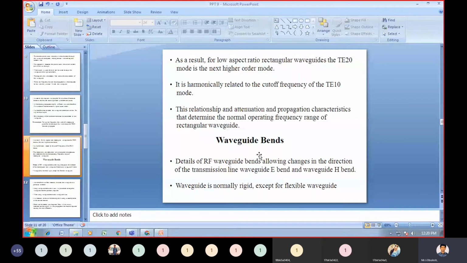Where a change happens in the direction of the transmission line, there you will get the waveguide E bend or H bend. But we need to choose a particular direction of the transmission line. Don't take wherever you want. You need to fix the direction of the transmission line, then only will you be able to find the waveguide bends in the H and E.